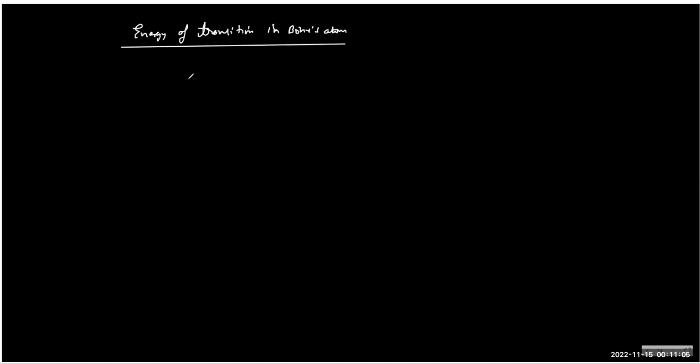So if you go from n to m, so if the electron goes from m to n, it will release energy, correct? So what is the energy difference?